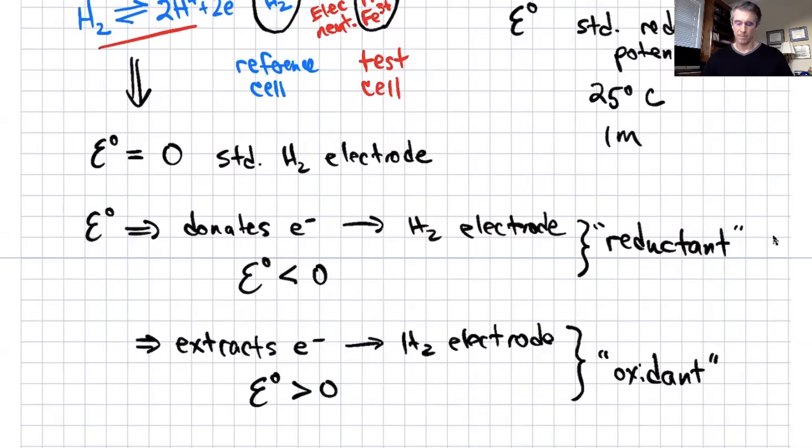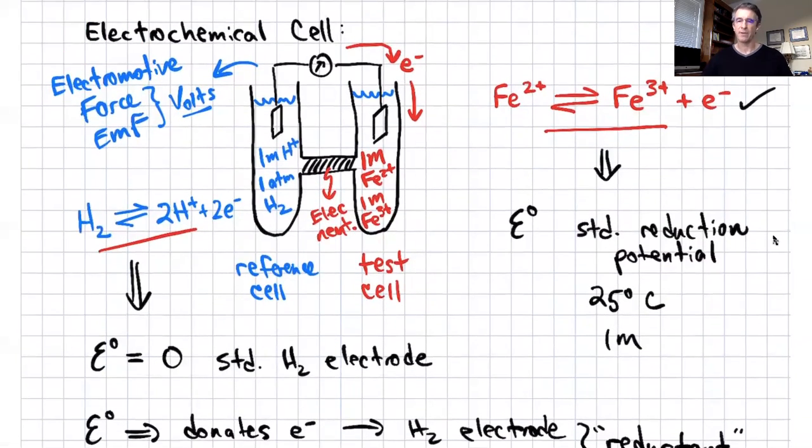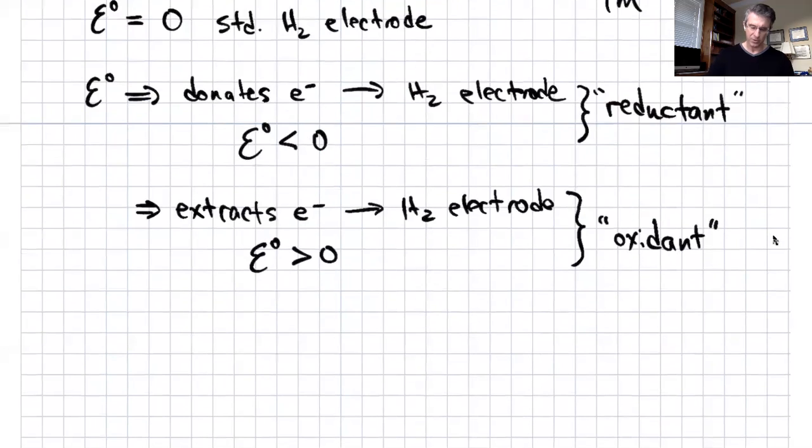So the basic idea here is that measuring the tendency of a given redox reaction to give up or remove electrons in an electrochemical cell from the standard hydrogen electrode lets one measure the tendency of that couple to take up or give up electrons, right? And it's measured directly in volts, in the strength of that particular electron removing or donation potential, right?